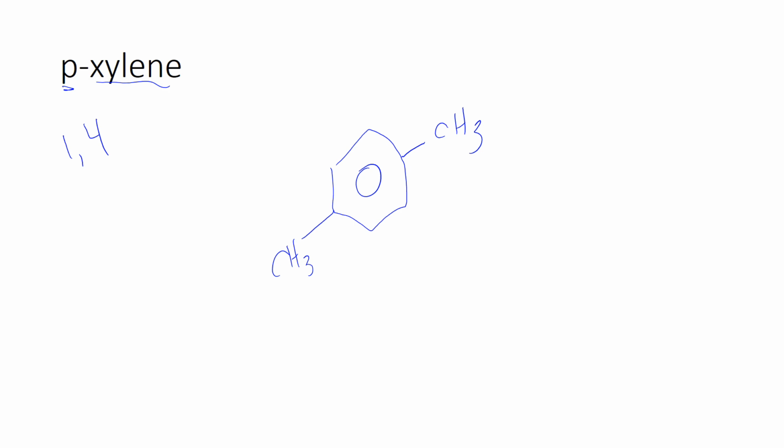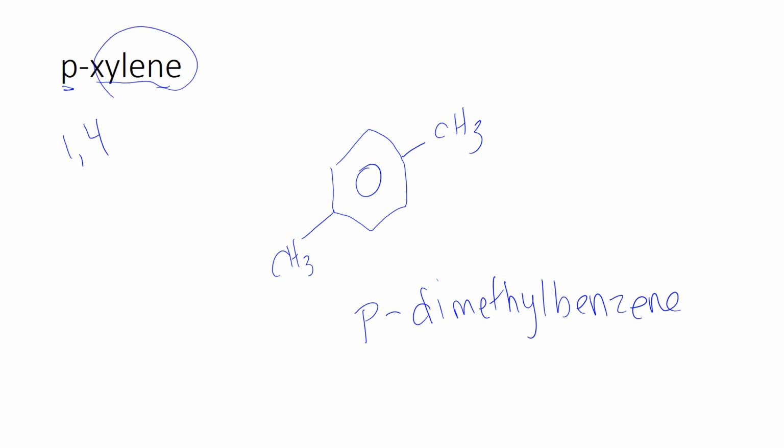Just keep in the back of your mind that we are dealing with a common name here, so another name for this would be p-dimethylbenzene. And what that does is it takes the common name and it names it using the IUPAC name, which is benzene for the ring, your 2 methyl groups in a 1,4 distribution.